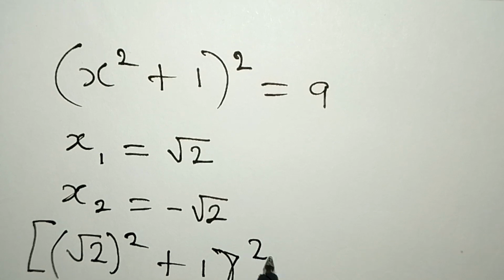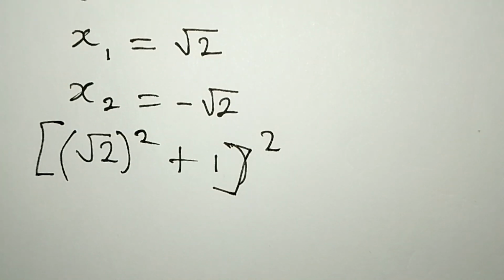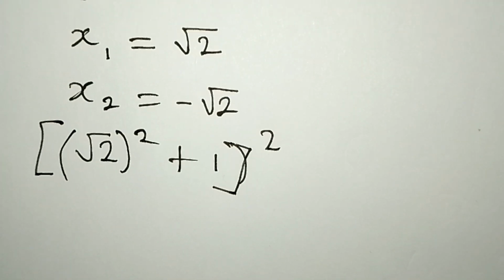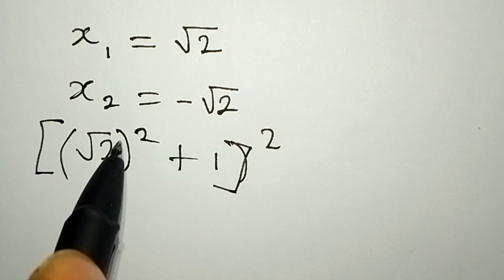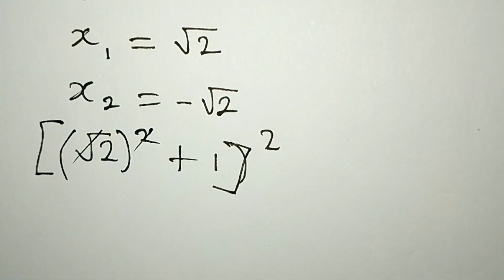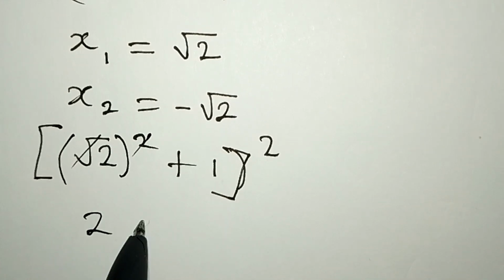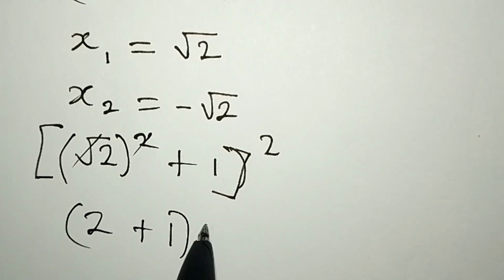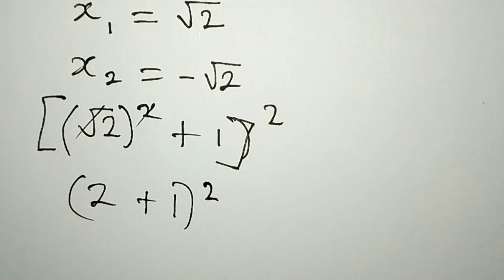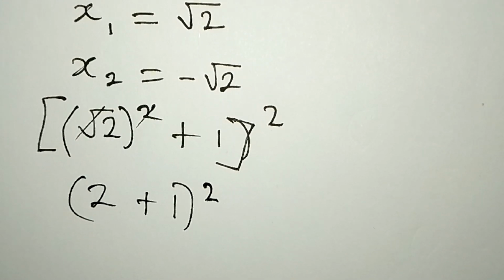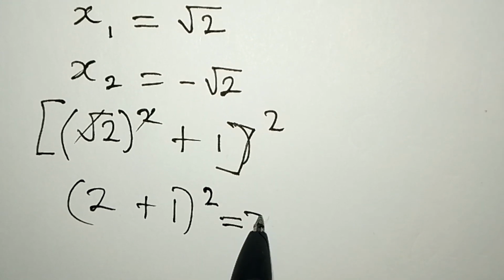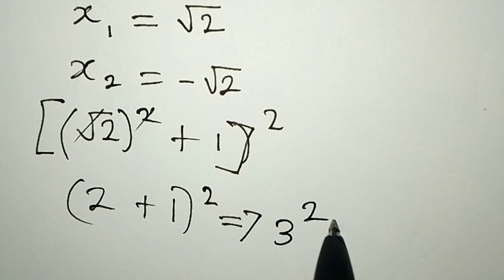Now, will this give us 9? Because if it does not give us 9, then we are not correct. This goes with this. And then in that bracket, we'll be having 2 + 1. And then this is raised to the power of 2. And this implies 3 to the power of 2.